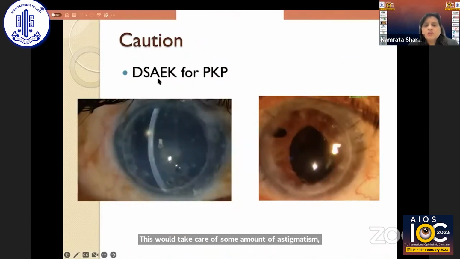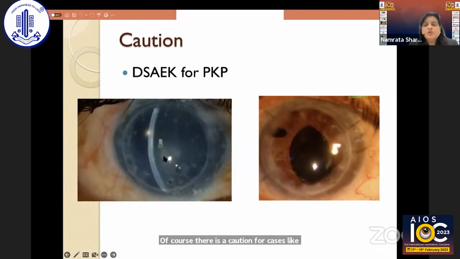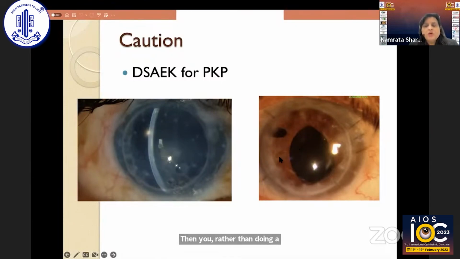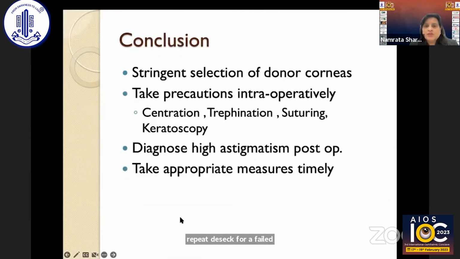Of course, there is a caution for cases like DSEK, because if the astigmatism is high, then rather than doing a repeat DSEK, you should do a penetrating keratoplasty, because even if you do a repeat DSEK for a failed DSEK with high astigmatism, the astigmatism is not going to get corrected.